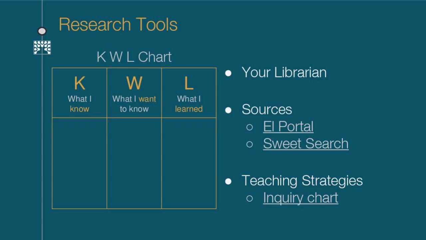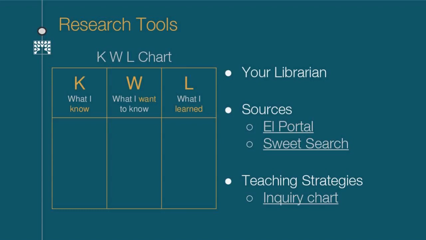Okay, done with that. So next, there are a couple of sources that I wanted to suggest. One is called El Portal, and I'm going to discuss that more in just a moment, so I'm going to come back to that one. And the other suggestion I wanted to mention is using a kid-friendly search engine. I know in the chat we had someone talking just a couple of minutes ago about the age appropriateness of search results.